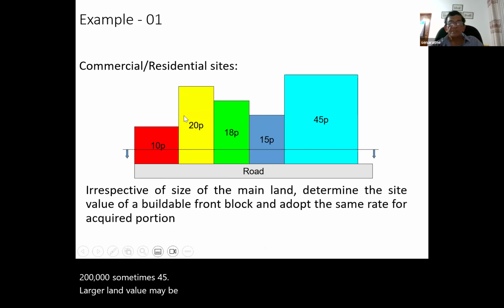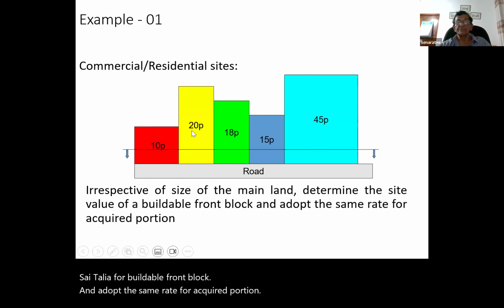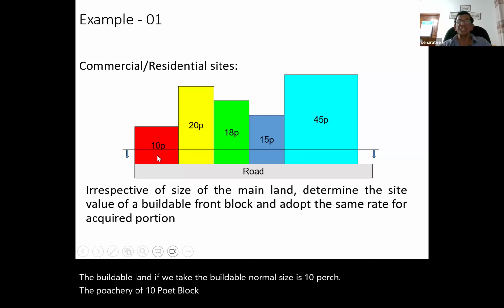But to be fair, it says determine the site value of a buildable front block and adopt the same rate for the acquired portion. If the buildable normal size is 10 perch, and the perch value of a 10 perch block is 500,000, it says you adopt the same rate for all the front blocks acquired without considering the size. Okay.